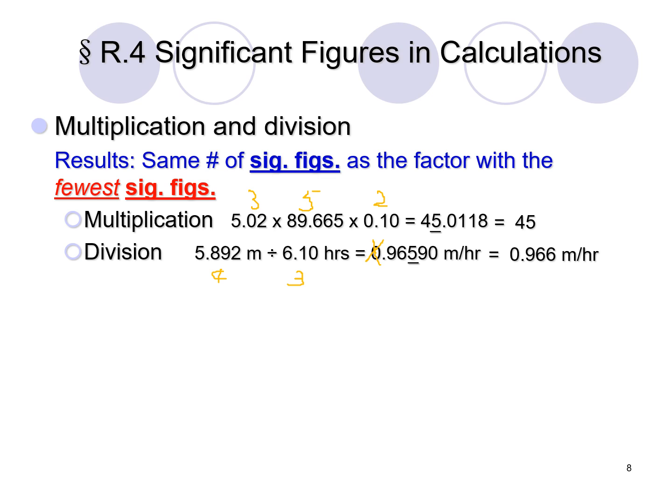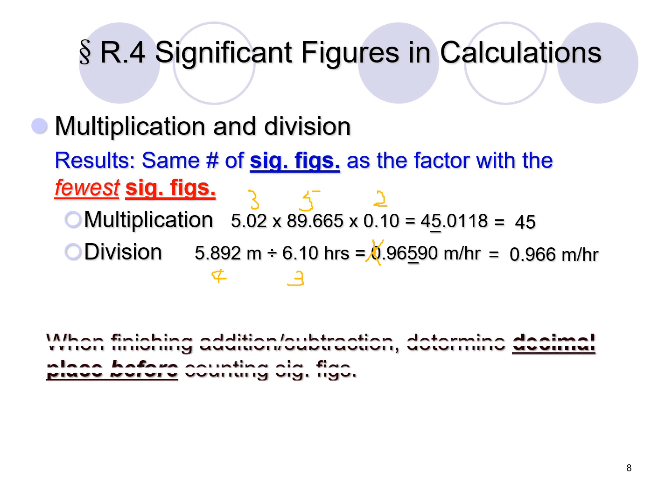No. Just keep in mind, when we finish addition and subtraction, we determine the decimal place before we count sig figs. It is critical. We determine the decimal place before we count significant figures in our result.